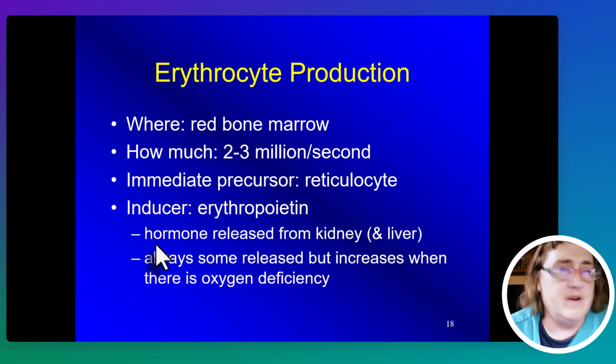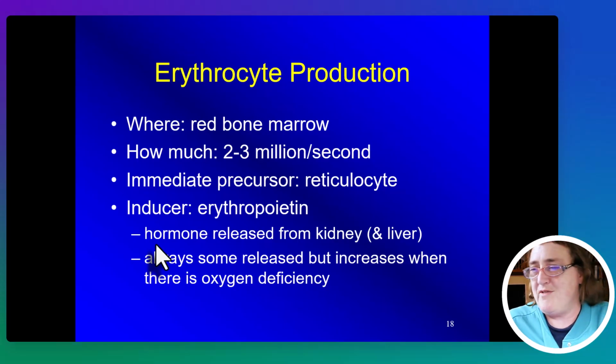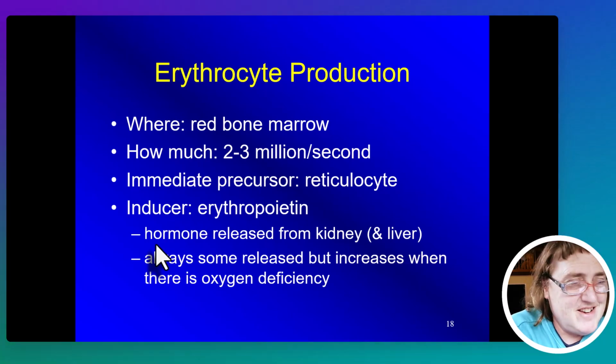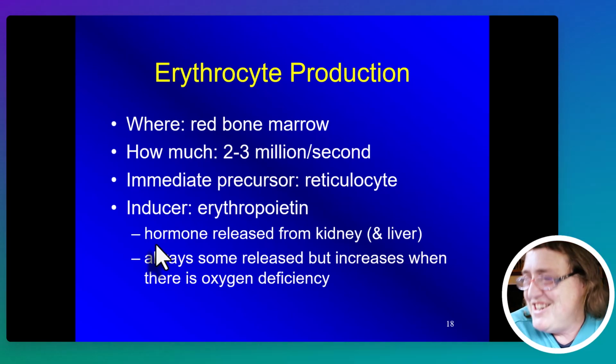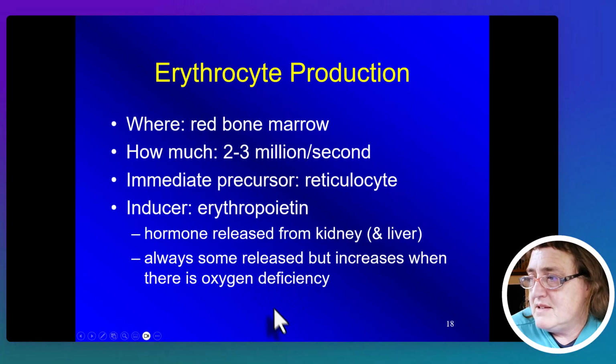I know you're already missing the hormones from the first outcome, from the endocrine system, but here's another hormone, just so you don't miss them too much. This hormone is released by the kidney when oxygen levels go down. So when the body says, oh my gosh, you don't have enough oxygen, erythropoietin is released. It goes to the bone marrow and says, kick it up, people. We need some more red blood cells.